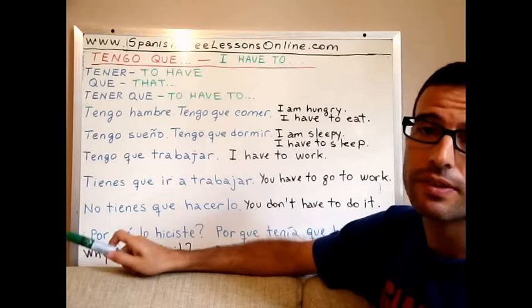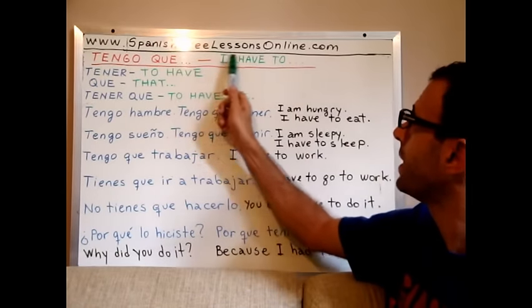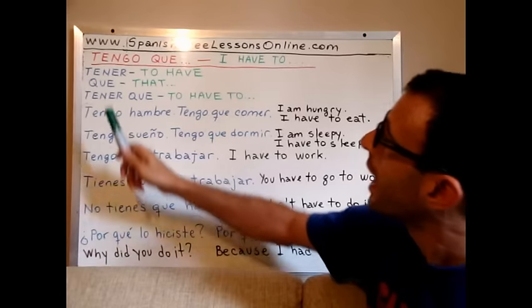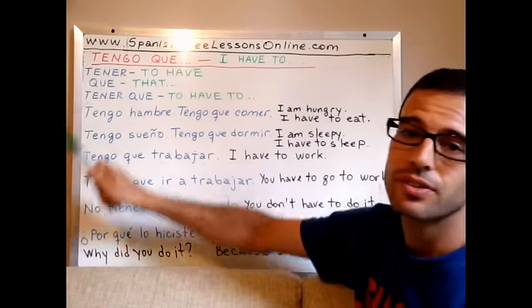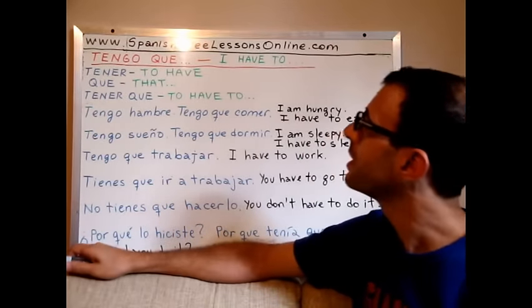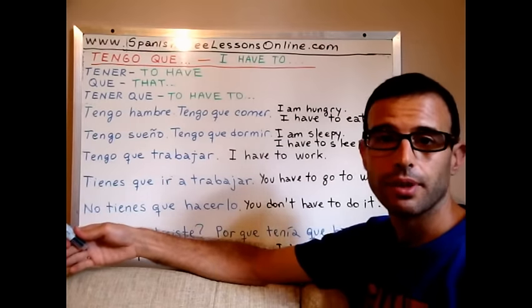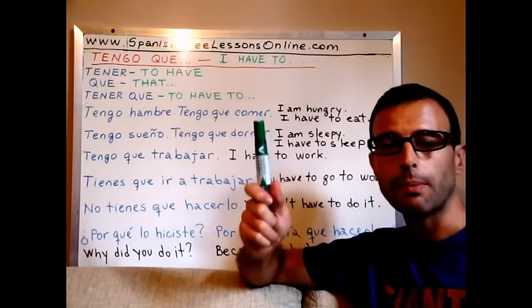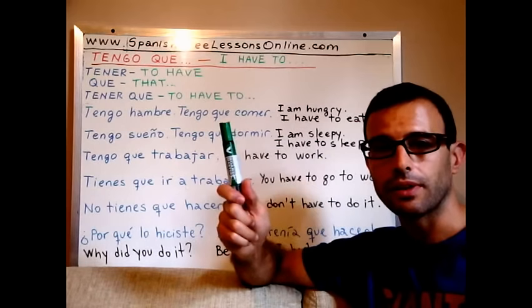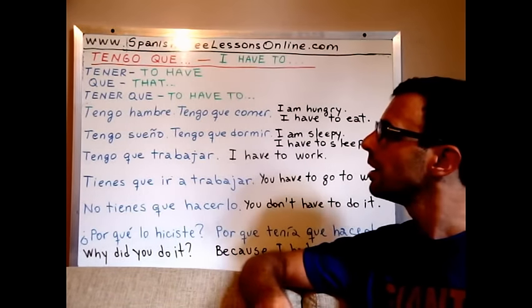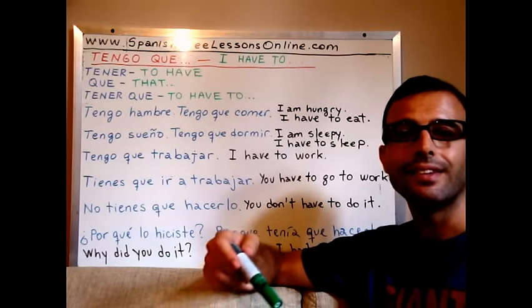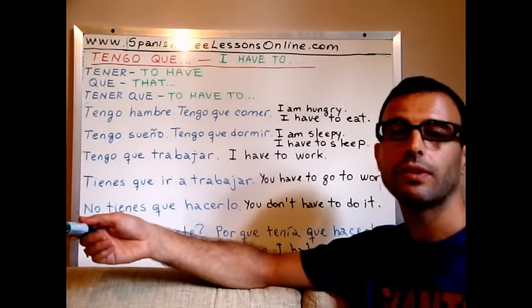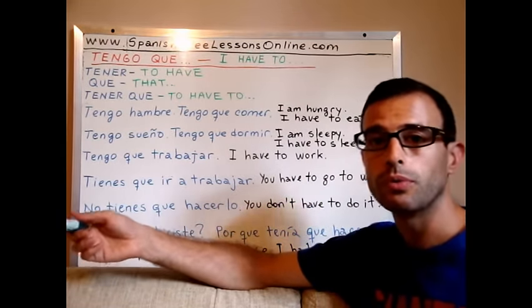Tengo que means I have to, okay? However, the verb tener, just alone, by itself, means to have, right? So, yo tengo un lápiz, I have a pencil, okay? But if I say tengo que ir, that means I have to go, right?